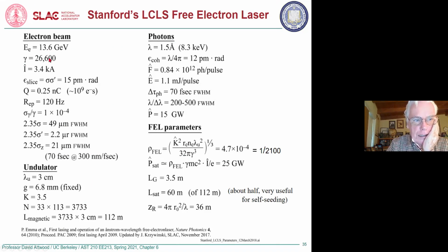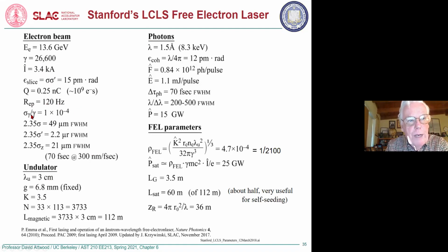Because don't forget, they're going to take an undulator period of 3 centimeters, much like the one at the ALS, but they're not trying to get 1 kilovolt, they're trying to get 8 kilovolt. So they need a higher value. And this is their current, and this is their rep rate. It's 120 hertz, and I misspoke about what that was probably yesterday. But anyway, the repetition rate, how many pulses are coming, is 120 hertz, okay?